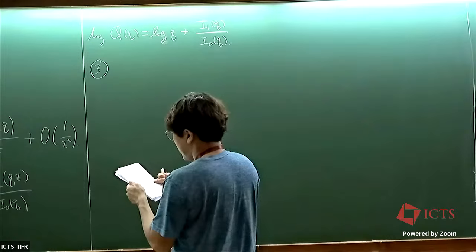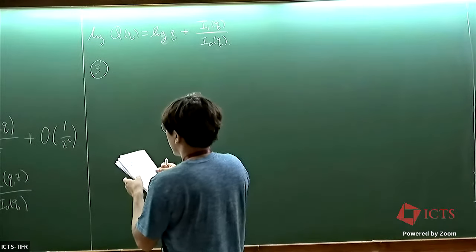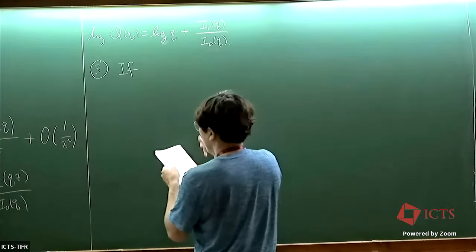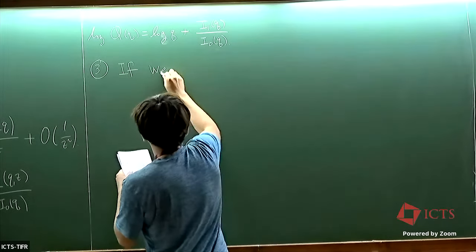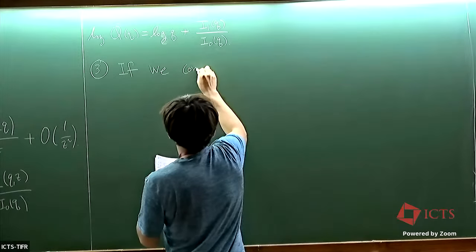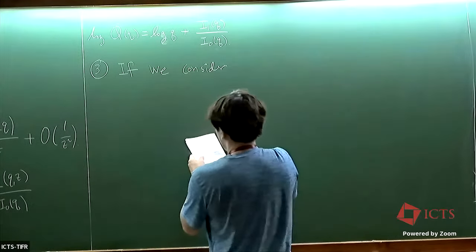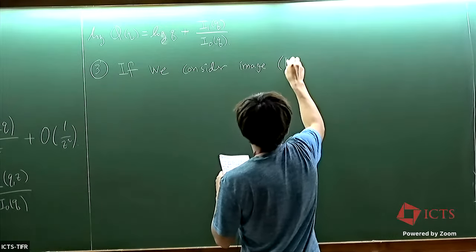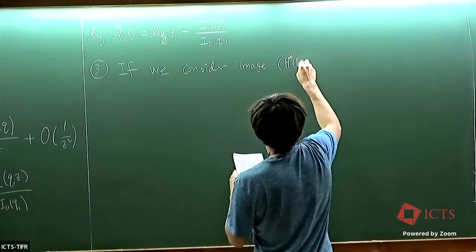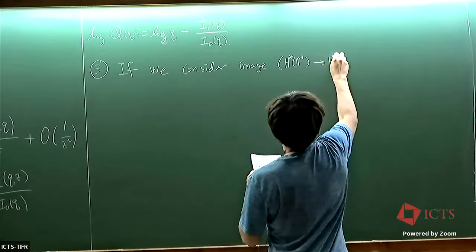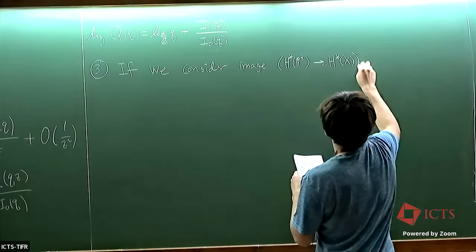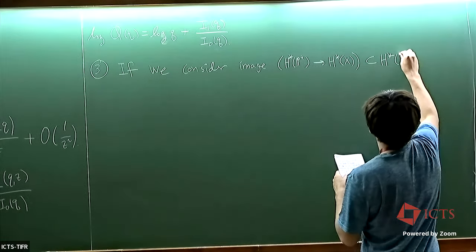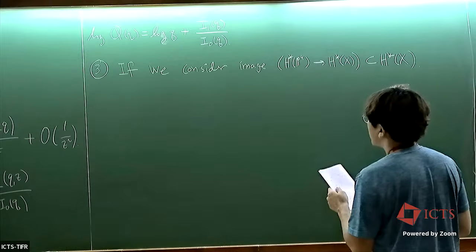Then the earlier proof of Givental is that we only considered the image of the pullback of this thing. This is a subring of this.